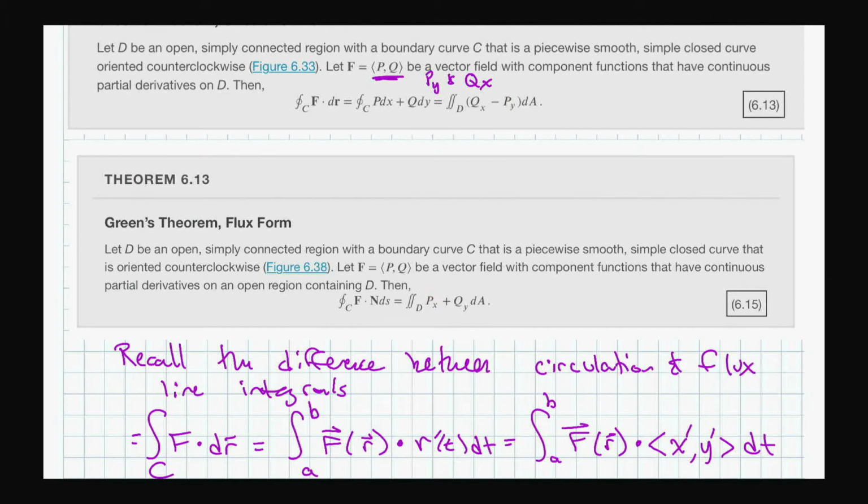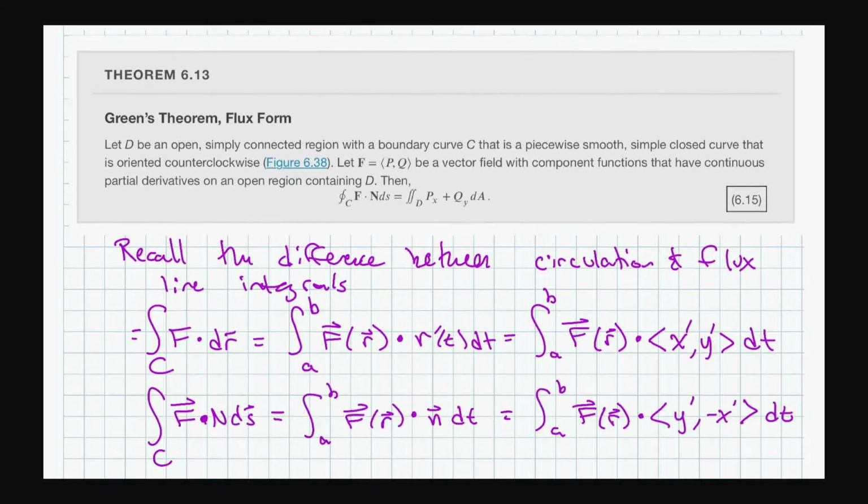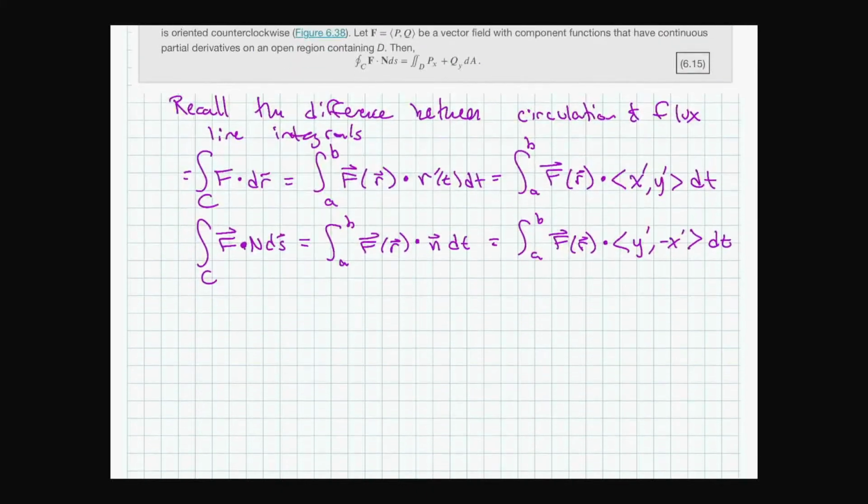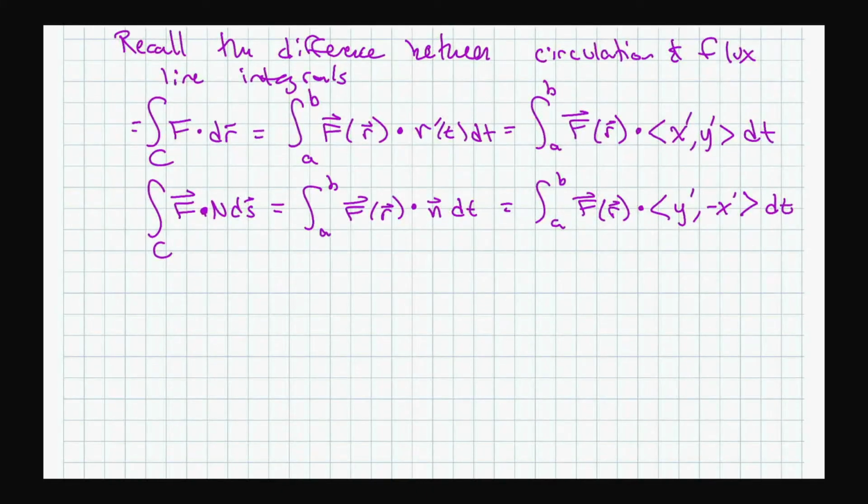So don't be surprised by a couple things being swapped around in the two forms, because a couple things are swapped around in the forms of the regular line integrals too. Okay, so that's the first thing I want to say about that. Second thing is we're not proving these. We're just going to do some examples.